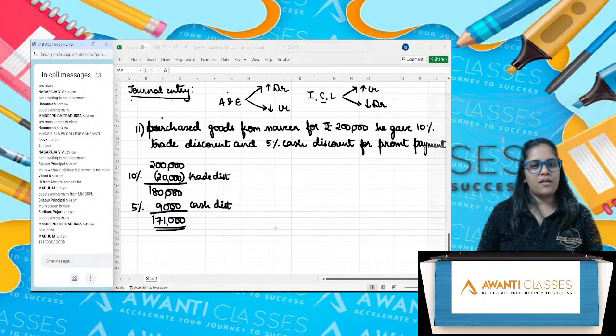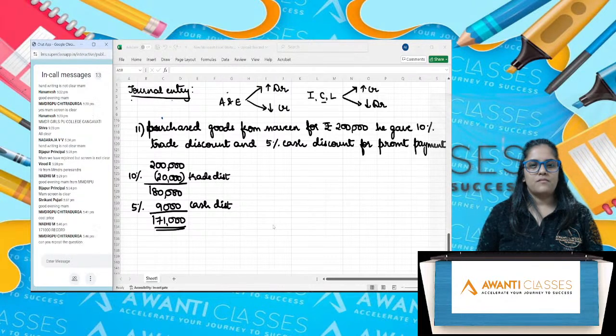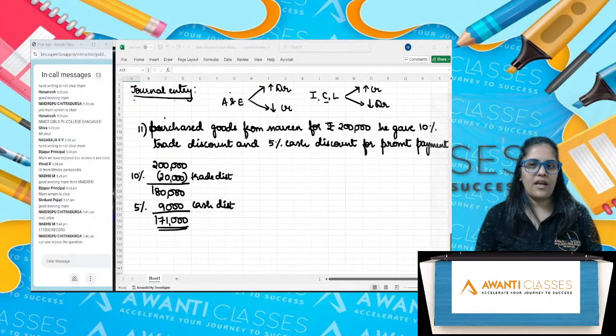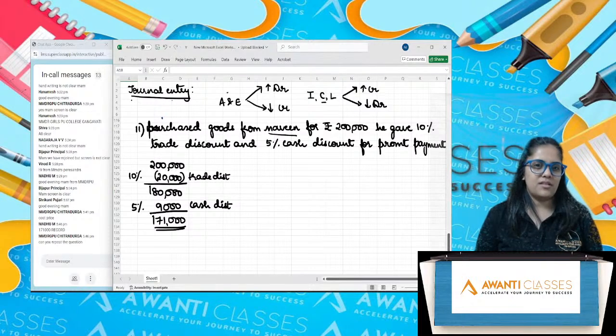Okay, so one answer is coming that we should record purchases at 171. The question is at what price? We have purchased from Naveen, right? Naveen gave 10% trade discount and 5% cash discount. So this is the calculation.